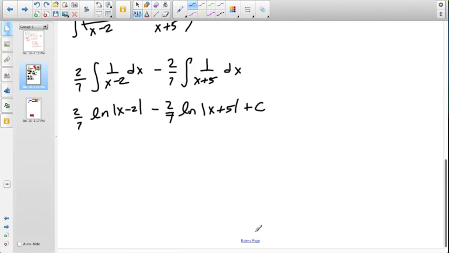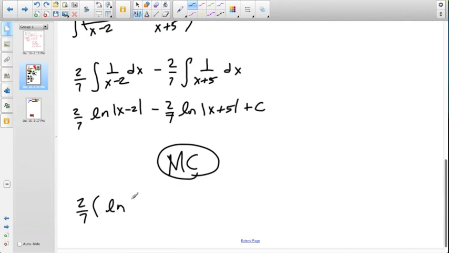However, these are really popular multiple choice questions on an AP exam. And they won't give you the answer like this. They will give you the answer using logarithmic properties to condense the answer. So the first thing we'll do is pull out a 2/7. And so you may see the answer expressed like this.